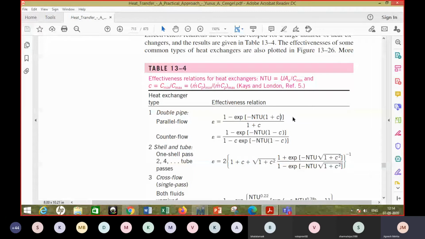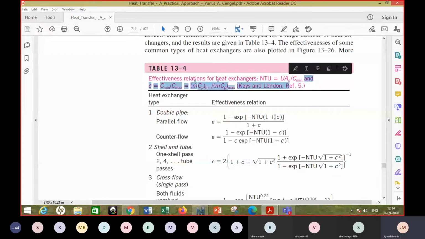Here it is written as just C. I normally use capital C suffix R, because that is a ratio, and that is multiplication of mass flow rate and the CP. So that is CR, the heat capacity rate ratio, and NTU is UAS upon C minimum.